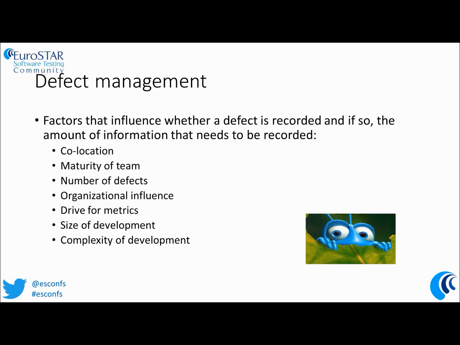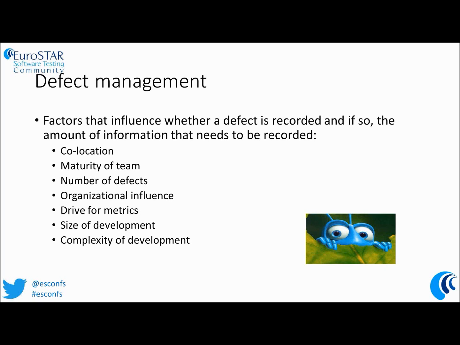Organizational influence is also an important measure here because some organizations just live on metrics, like the next bullet point says, drive for metrics. If the organization just has a policy of you need to log your defects and we need to get reports on them, you can say, well, we want to log less, but you cannot because it's just the organizational structure.